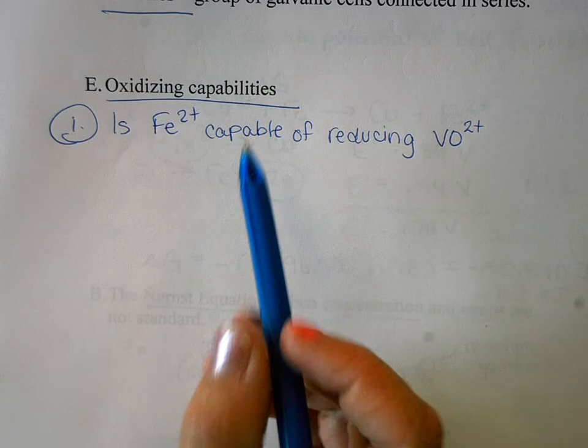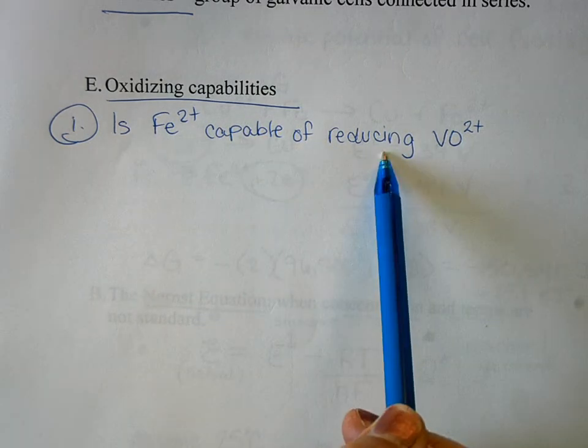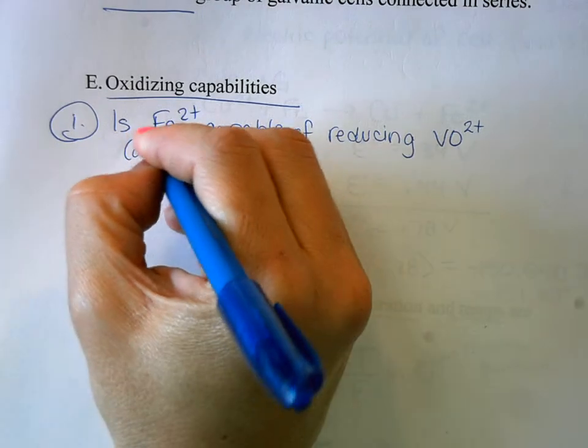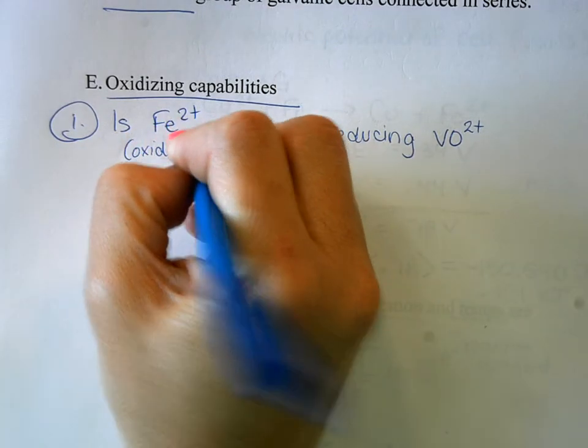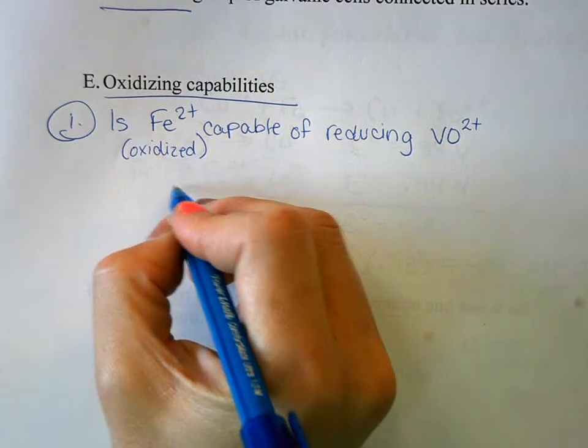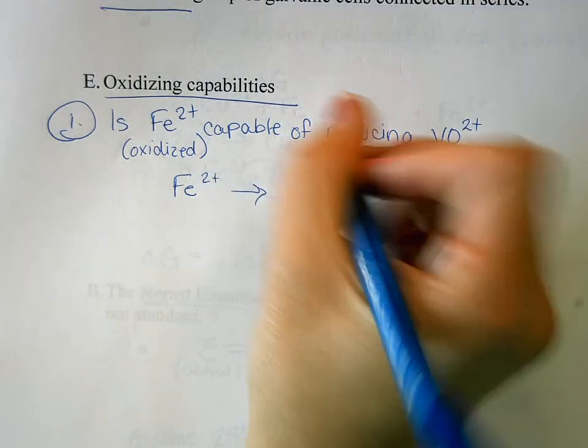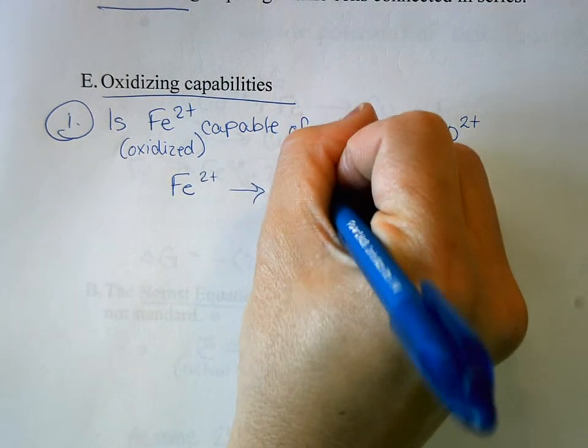If iron is going to be reducing VO2 plus, then that means iron itself is going to be oxidized, which means it's going to be going from Fe2 plus, increasing in charge, to Fe3 plus.